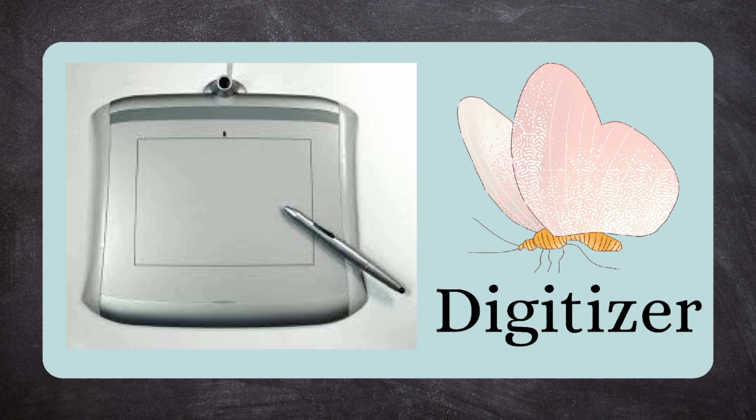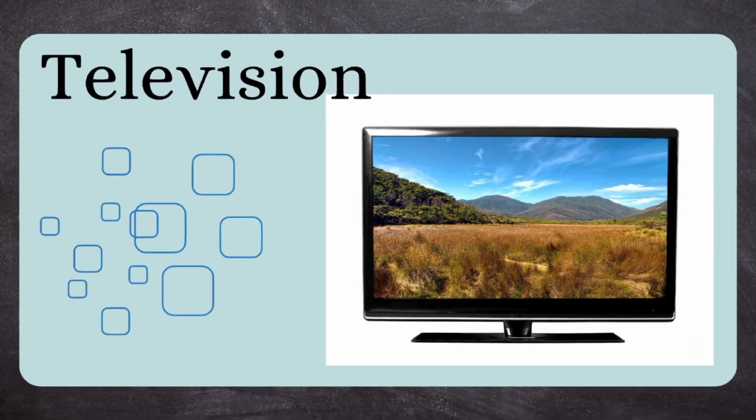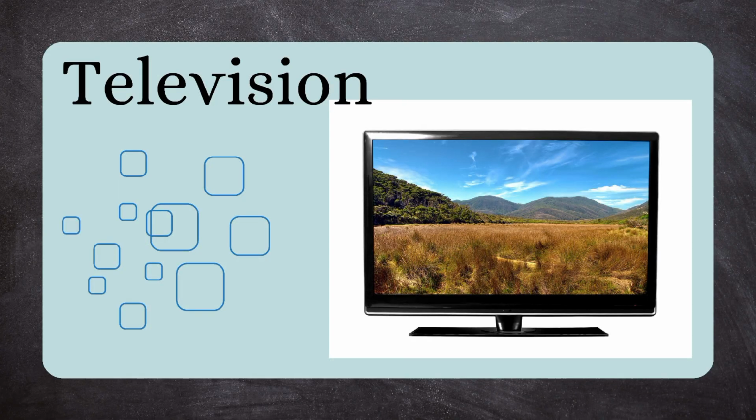Output devices. Number one is television. Television is an electronic device designed for viewing video content, which can include broadcast, streaming services, and recorded media.